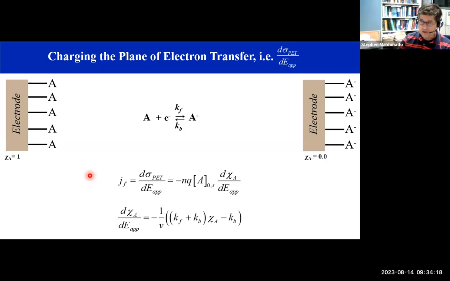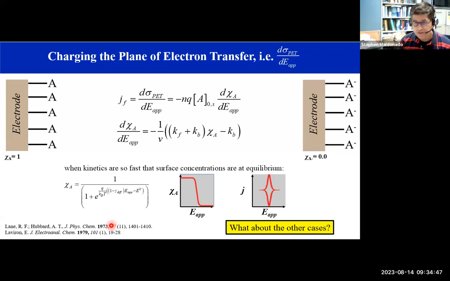The only thing we have to constrain in this case is that we're assuming that all these molecules stay fixed to the electrode, that none of them are popping off and none are coming back on. If you have that in mind, then the fraction of molecules in the oxidized A form as a function of potential should be related to the forward and back rate constants in this particular way. This first order differential equation should define this type of electrochemical experiment.